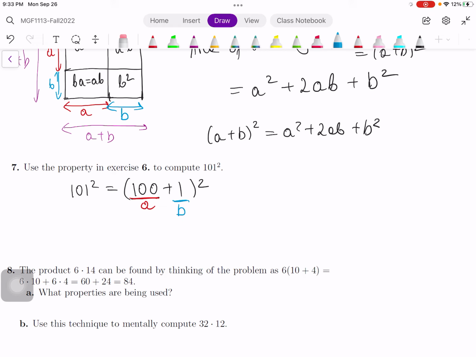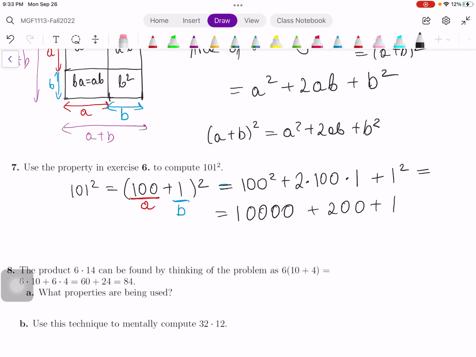So I need, according to that formula, it's going to be A squared, my A is 100. There's going to be 2 times A times B. My A is 100, my B is 1, plus 1 squared, right? So squaring 10 or 100 just means doubling the number of zeros. This is 200, and this is 1.